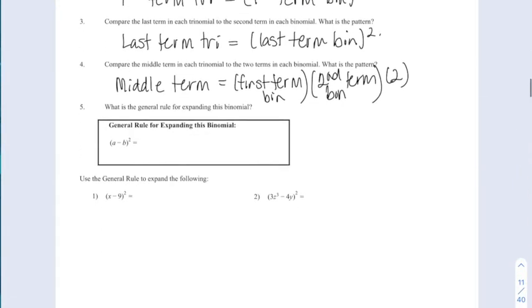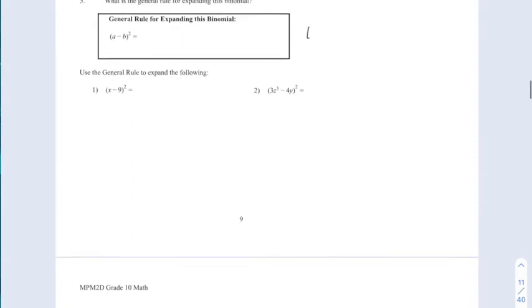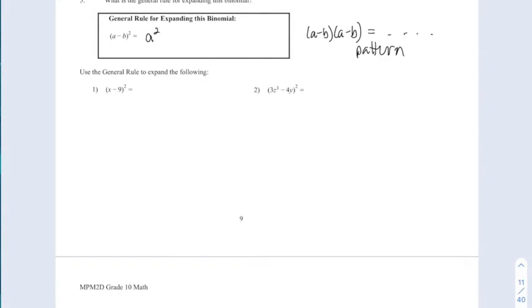Okay, so let's generalize this pattern. Again, we don't have to write it out twice and use the distributive property because we know the pattern instead. If I have a minus b squared, I know that when I expand it, I'm going to get a squared minus 2 times a times b plus b squared.